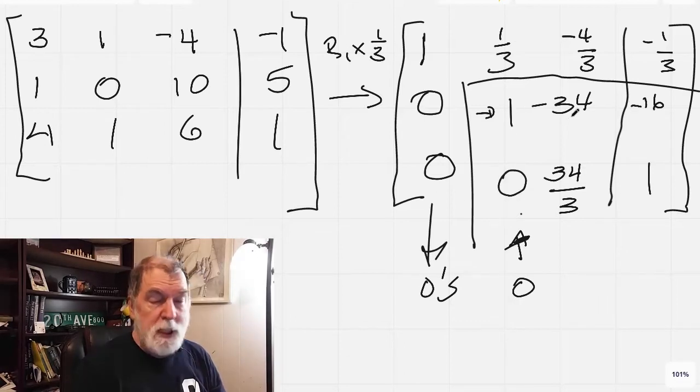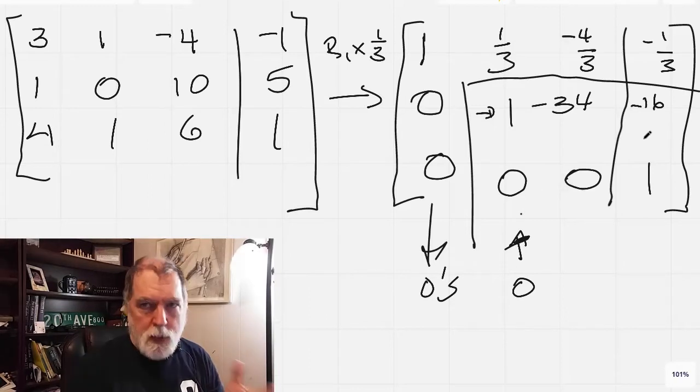We'll multiply this by negative 1/3, which gives us positive 34/3. Subtract that, we get 0. Negative 16 times negative a third is going to be 16/3. 1 minus 16/3. So 3/3 minus 16/3 is negative 13/3.